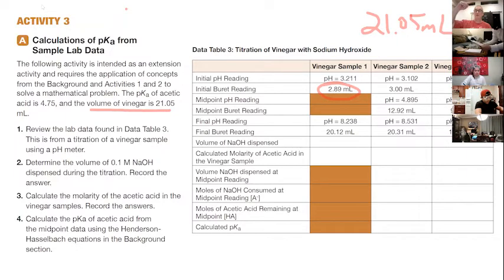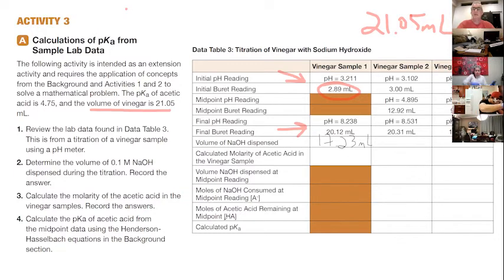So we're looking at the amount of volume it's dispensing rather than holding. So that's the initial reading, that's the final reading, and the amount of sodium hydroxide it would have dispensed is the difference. So 20.12 minus 2.89. So it would have dispensed 17.23 mils.